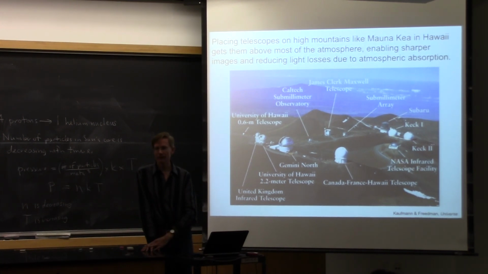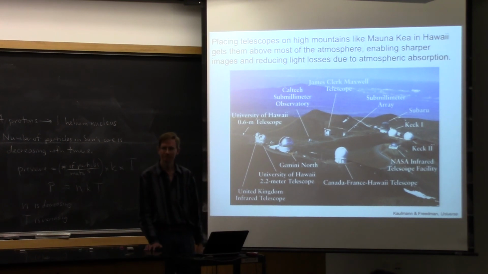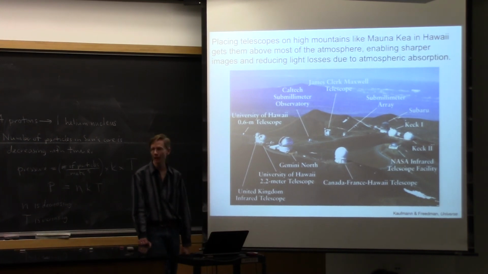So in other words, it's not to get them closer to the stars per se, it's just to get them closer to being above the atmosphere, even though there's still plenty of atmosphere above even the tallest mountaintops. Of course, the ultimate goal, to really get above the atmosphere, is you put the telescope in space. But that's a lot more expensive than locating it on a mountaintop.